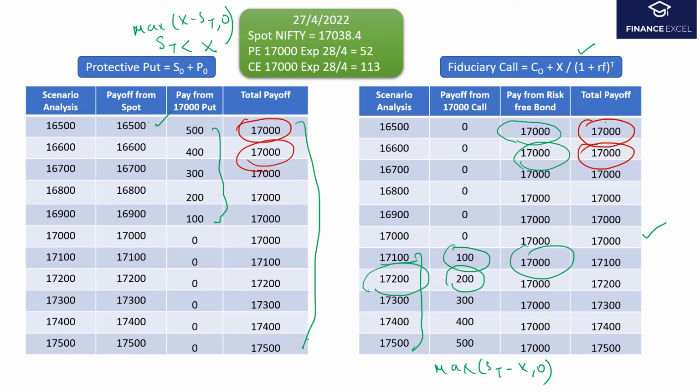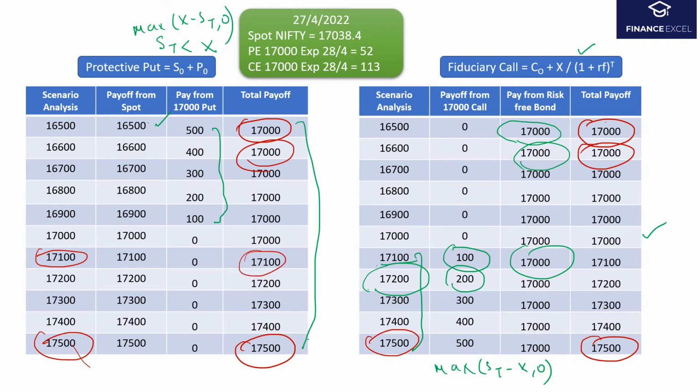So the payoff of the protective put, if Nifty spot ends at 17,500, is 17,500, and the payoff of the fiduciary call if Nifty spot ends at 17,500 is 17,500. Similarly, the payoff of the protective put if Nifty ends at 17,100 at expiry is 17,100.